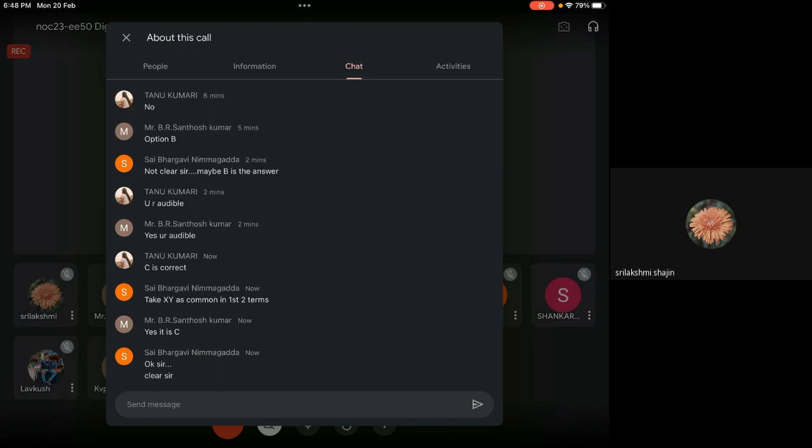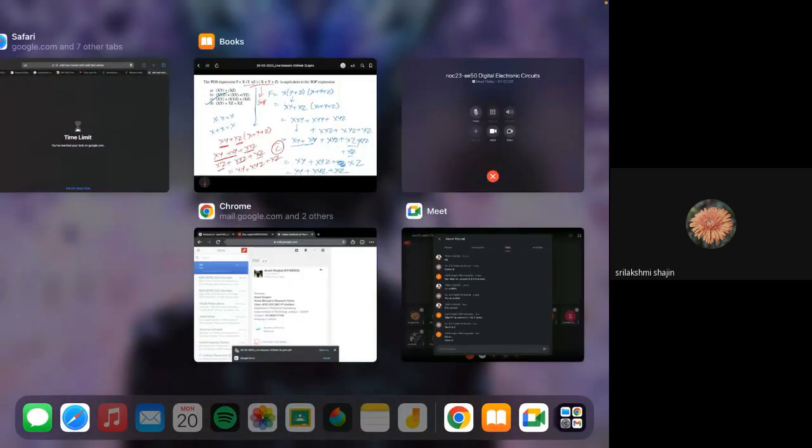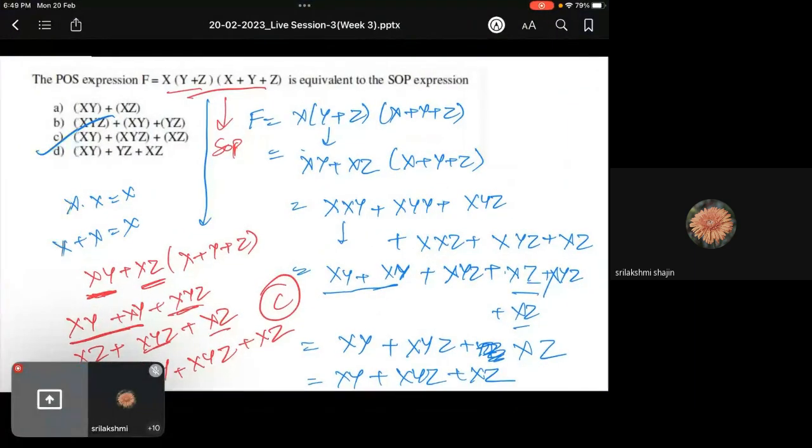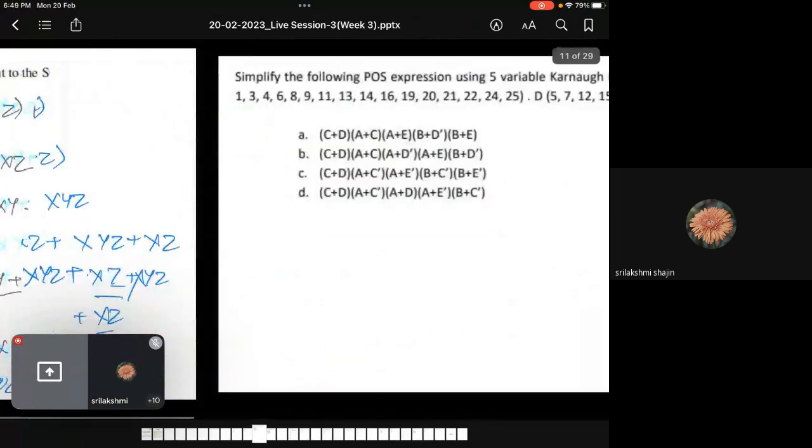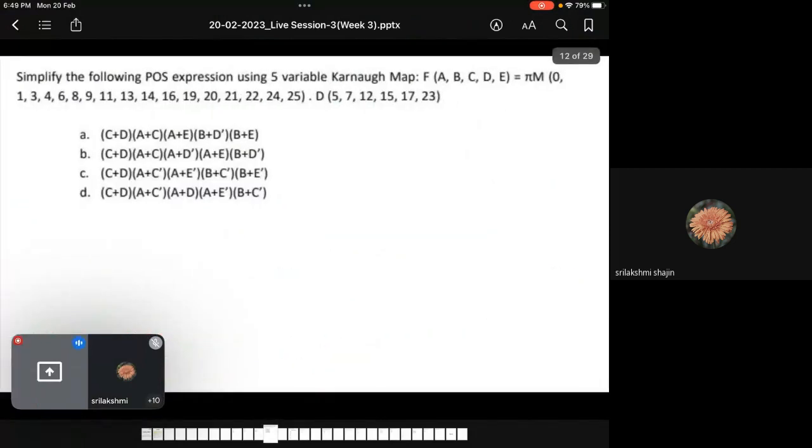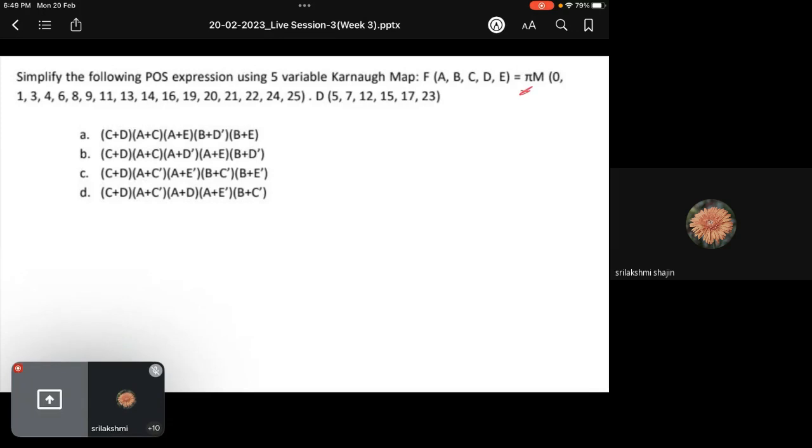So we will try to solve the next question. This is something complicated. This is a five variable K-map question, and this is even a GATE question. Okay, I'll do it by myself. Give me a minute.